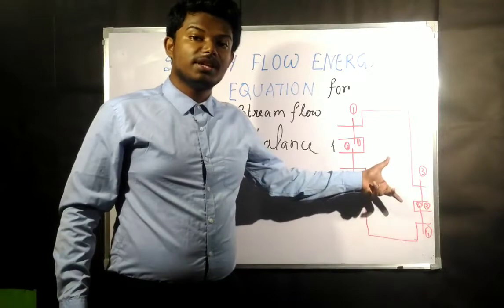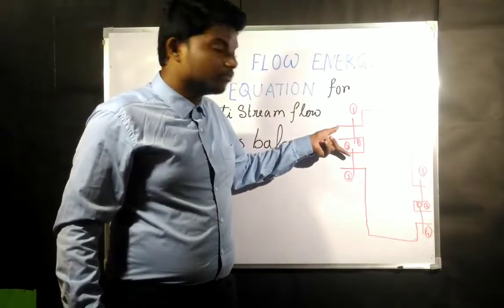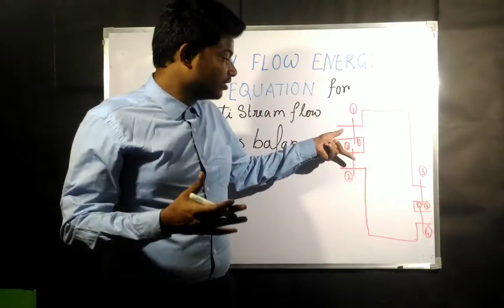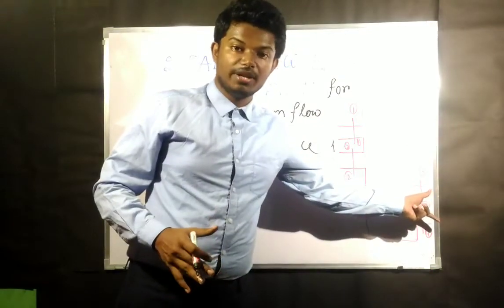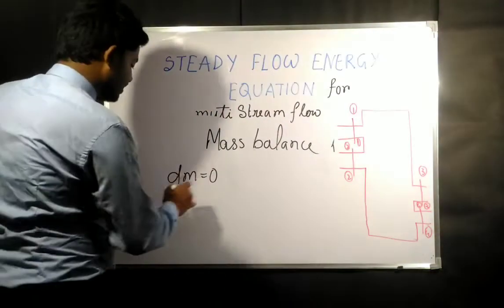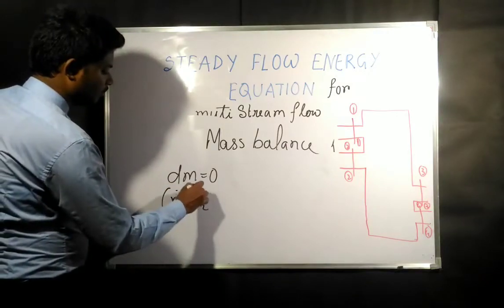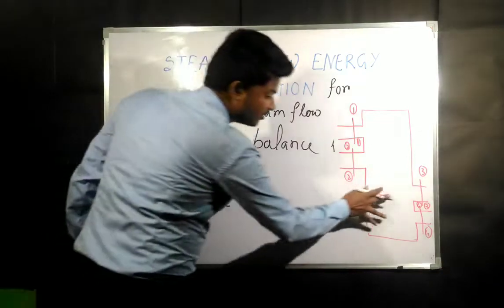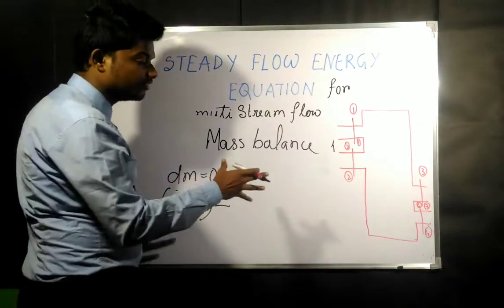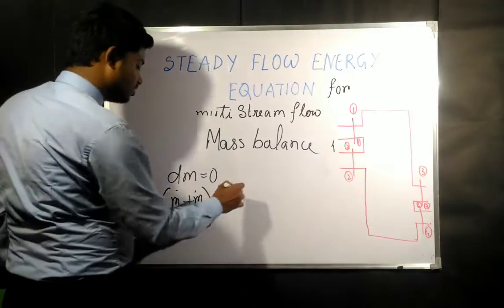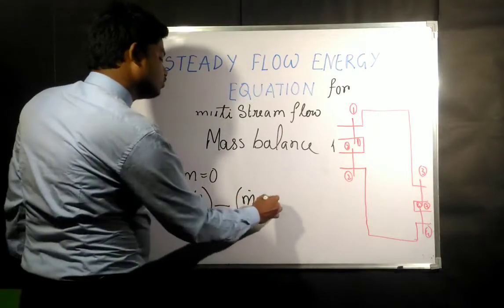So what would be the accumulation equation? Accumulation would be whatever water or fluid we are considering, whatever is entering minus the outlet is going to be 0. At the entrance it is m1 dot plus m2 dot, minus the mass going out of the system through the outlet, and then we get the mass accumulated.